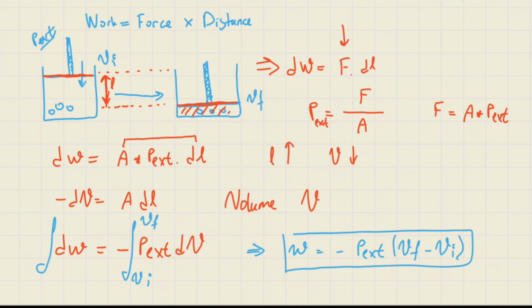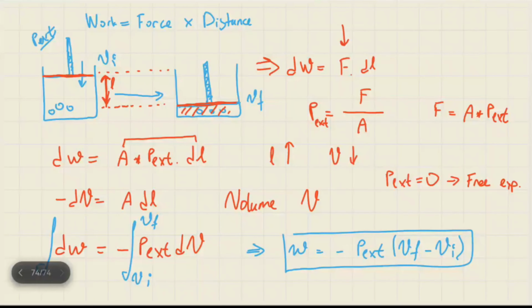What we should know is that if the P external equals 0, it means that work will be 0, since this is a free expansion. This is the first important point. And the second important point is that we may not know the P external.